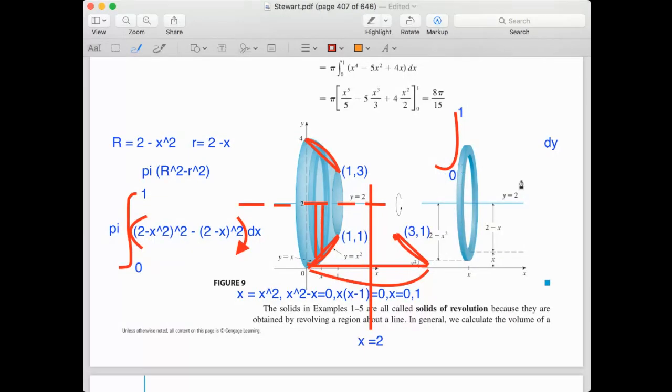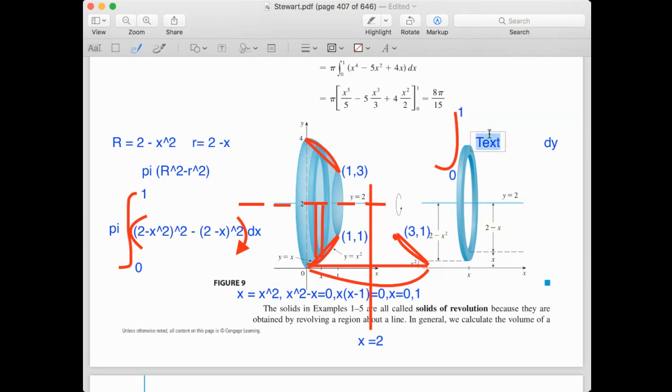What we can get from solving the equation? We want to rewrite this equation y equals x squared. Because this is in the first quadrant, we would write x equals the square root of y, because now we need to find the radius.